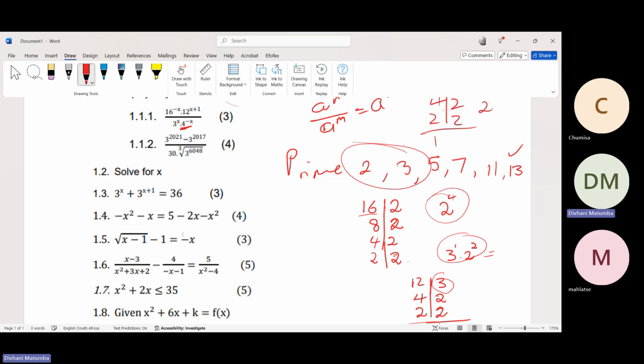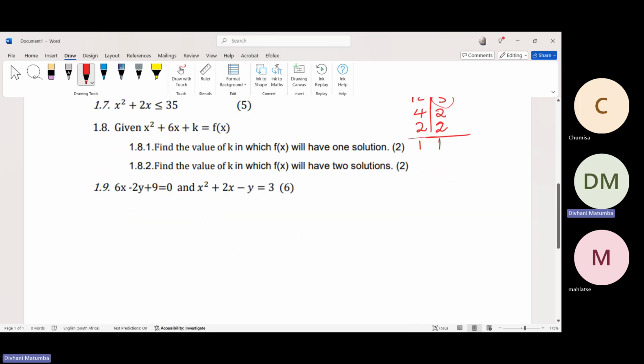So we're going to have 2 to the power of 2. Okay, that's perfect.